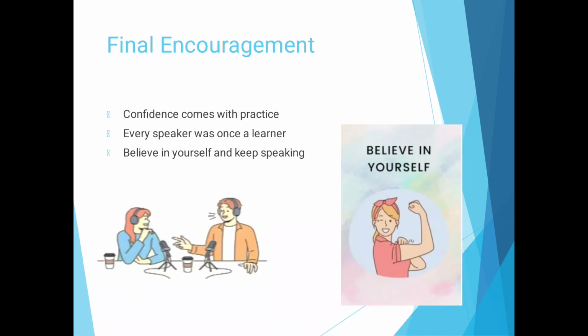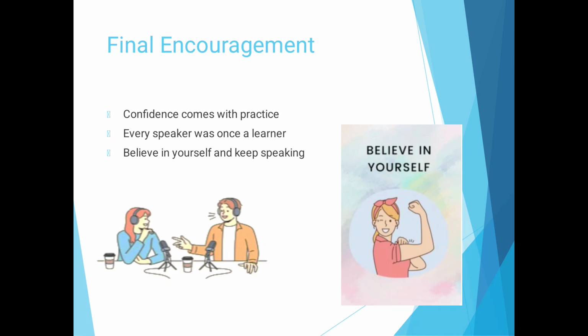And the last and final step would be encouragement. Now, as a friend, I would encourage her to speak, because confidence comes with practice, and I would try my best to practice with her, help her improve, and help myself improve.